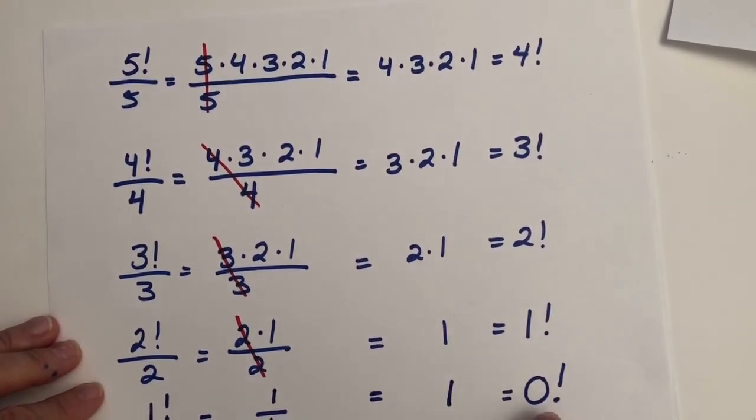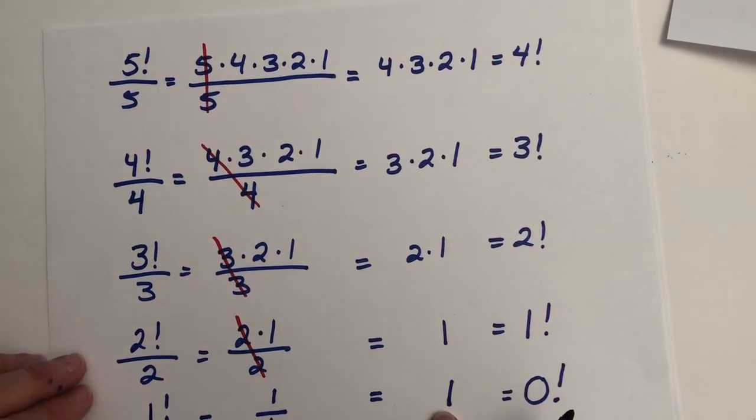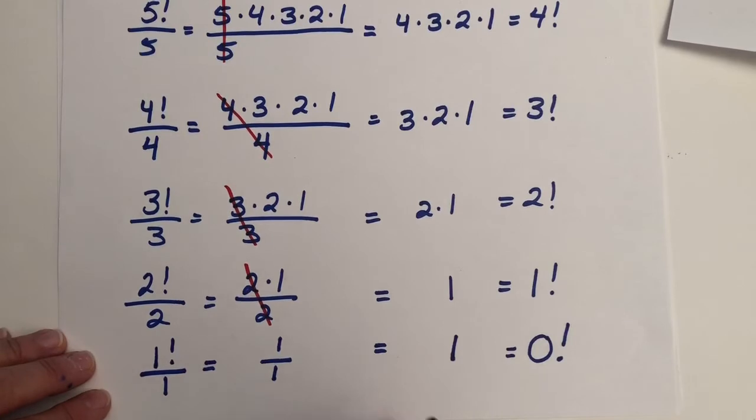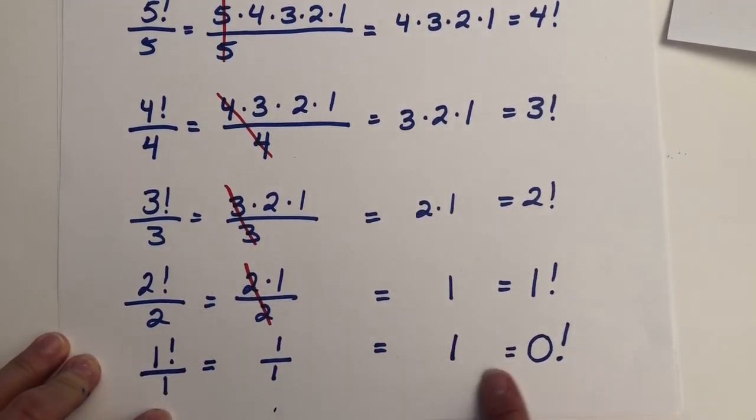We define 0 factorial to be 1. Now, often people have trouble believing that. There you can see it. Our 1 factorial divided by 1 giving us this 1, which equals 0 factorial.